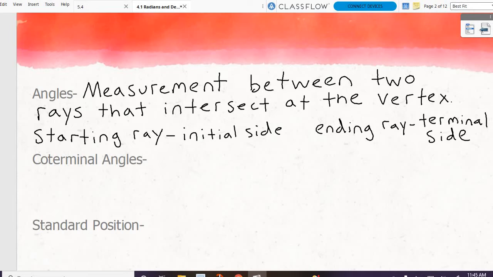So if things are coterminal angles, what does that mean? Not quite. What does co mean? Together, or both. And if it's terminal, what does that mean?